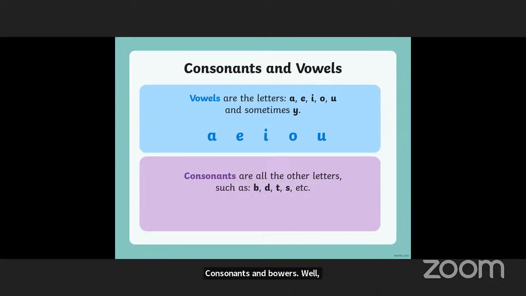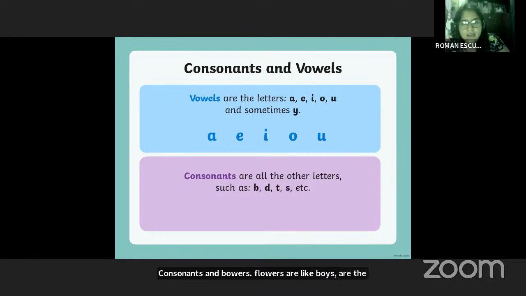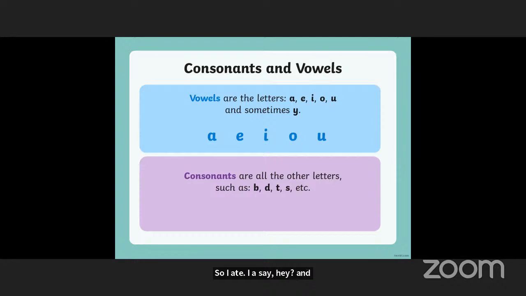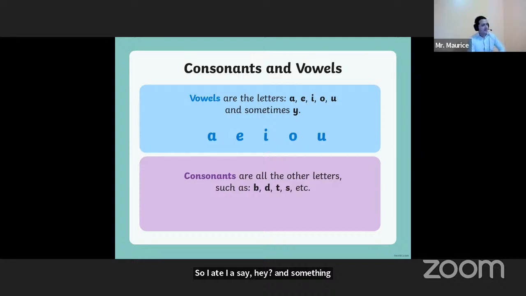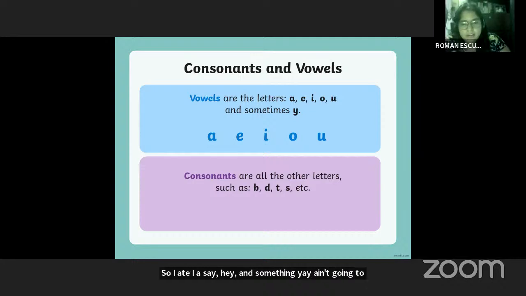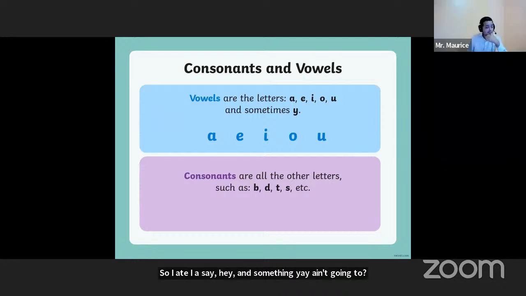Vowels are the letters A, E, I, O, U, and sometimes Y. And consonants are the other letters such as B, C, D. Okay, thank you. Congratulations.